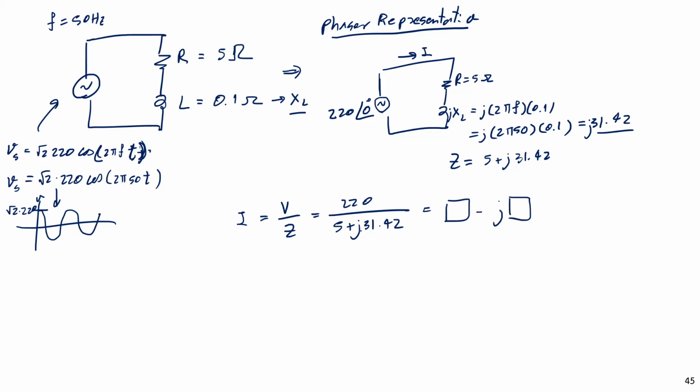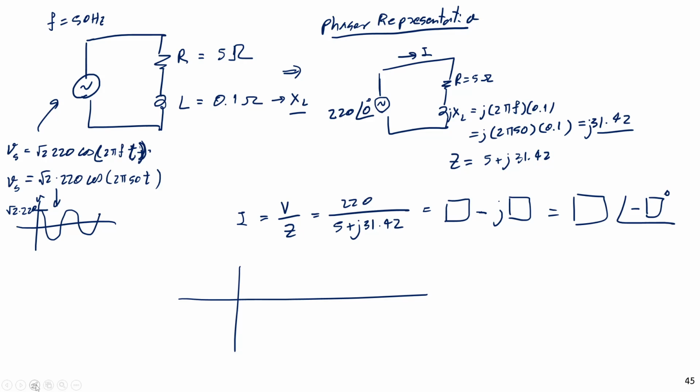We can see the current will have a negative angle compared to the voltage, right? This will be a negative value for the angle of the current. So in this case, the voltage will be like this, this is V, and this will be the current with a negative angle.